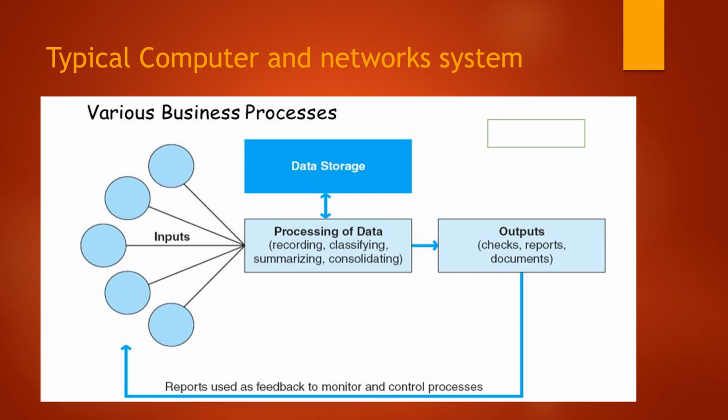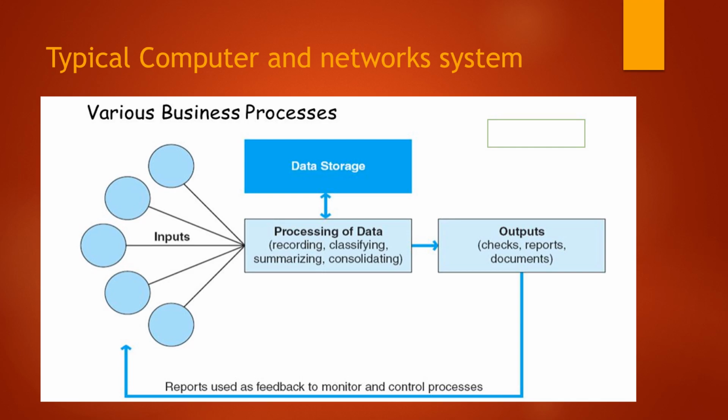This is the typical computer and network system. So we have the inputs, the processing of data, the outputs, and the storage. So inputs from your different systems. If you can recall in your previous accounting information system, we have different inputs from the sales transaction, from the purchase transaction, and even in the GL system, no?